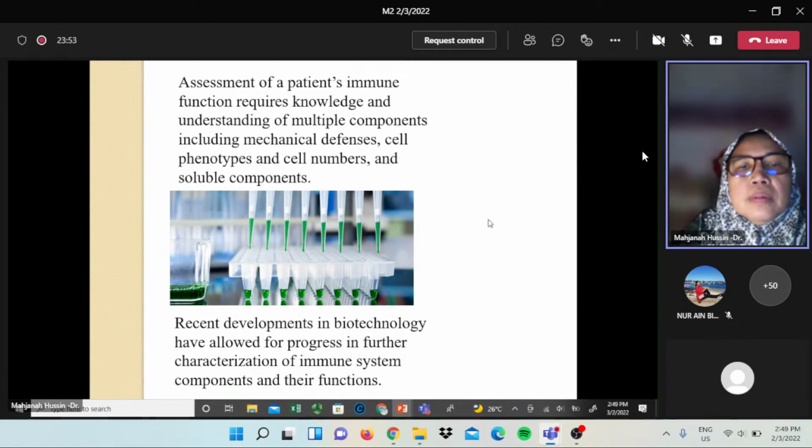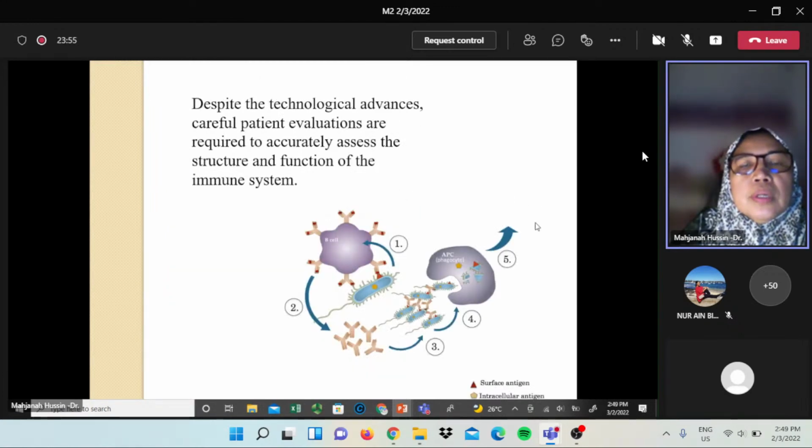So the first one we look at here. Despite the technology advances, you need to be very careful in evaluating the structure and function of the immune system to accurately assess the situation.